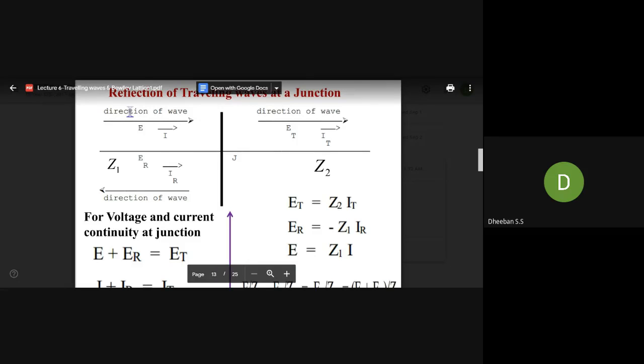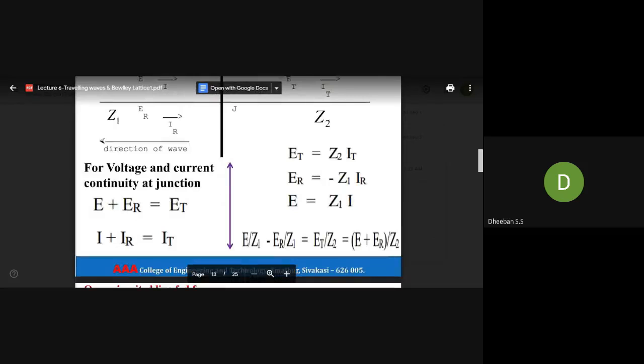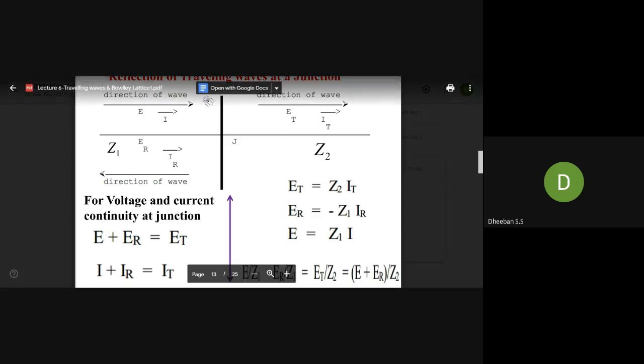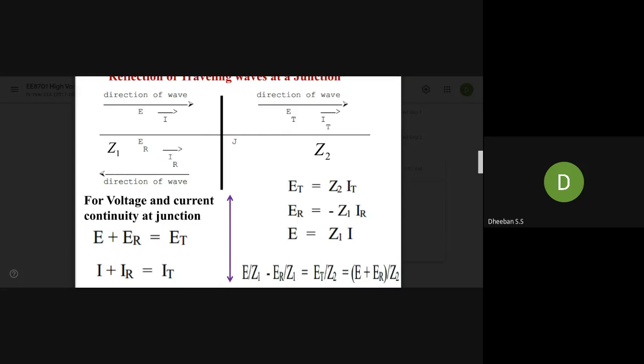So for that some conditions are there. So the main condition is this. So if this condition is satisfied, your wave gets reflected.